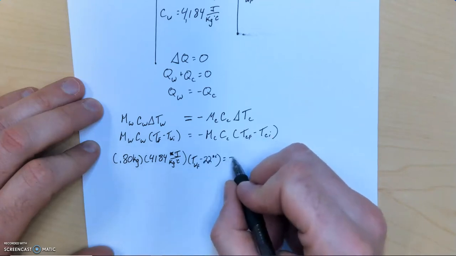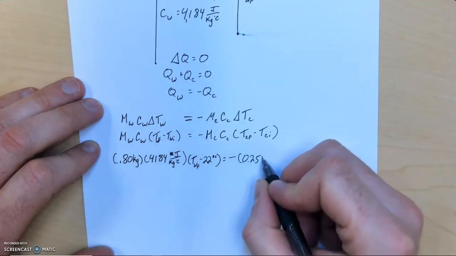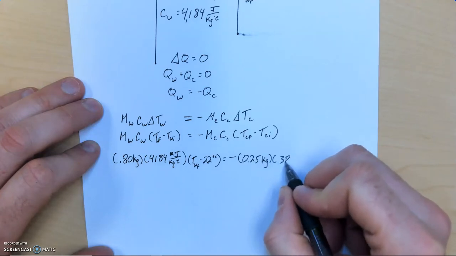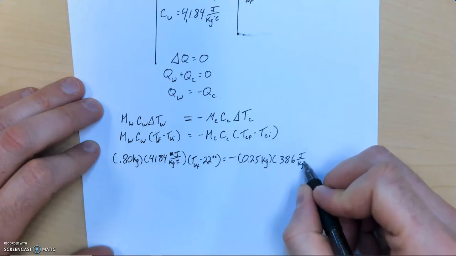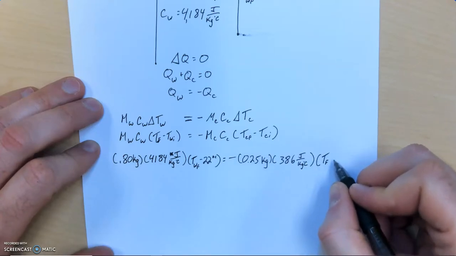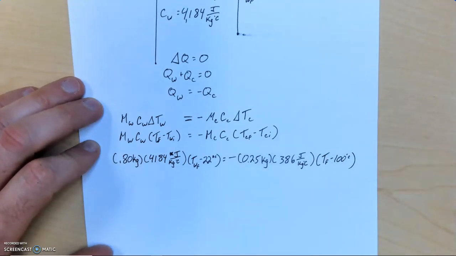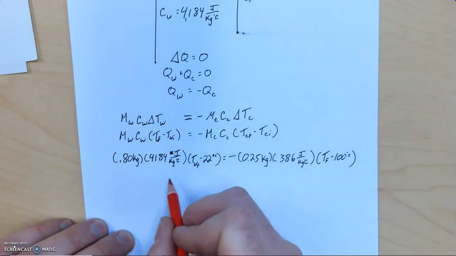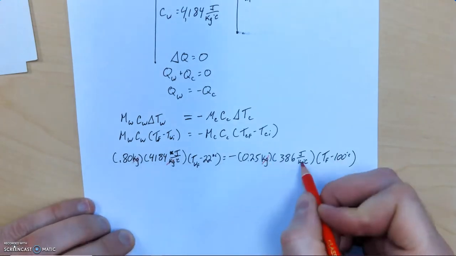It's going to equal, oh, my equal signs are moving, that's okay, 0.25 kg of copper times 386 joules per kg Celsius of copper times temperature final minus 100 of copper. All right, we got a whole lot of stuff. So let's start crossing some things out. So we can go through here. All right, we can cross out kilograms because those are going to cancel out.